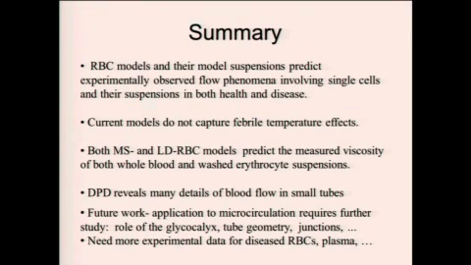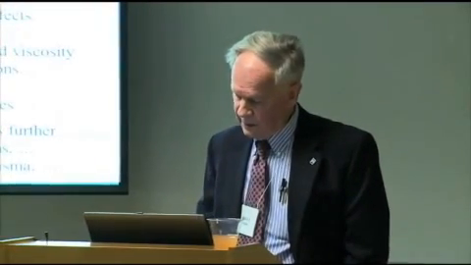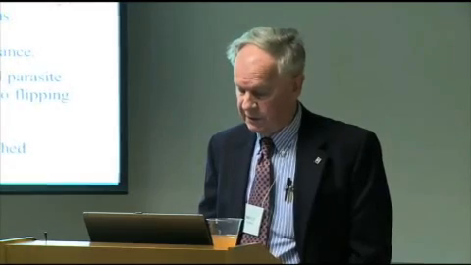At the moment we're putting in the glycocalyx, we're changing the tube geometry to include junctions, which are very important in the capillary system. And of course we always need more experimental data to check our models. If anyone has any questions, I'd be glad to try to answer.